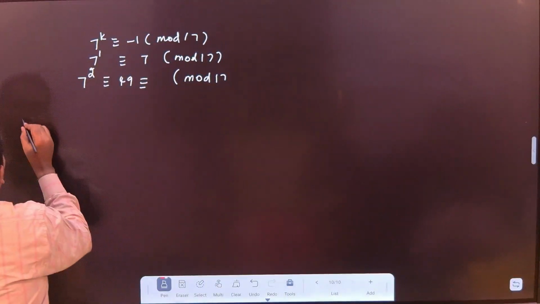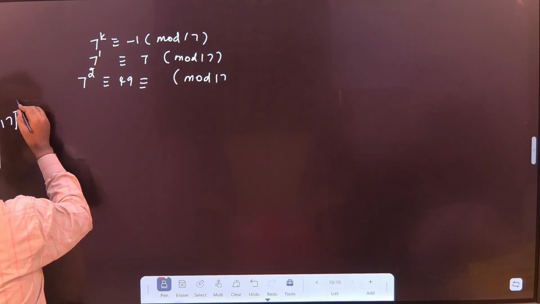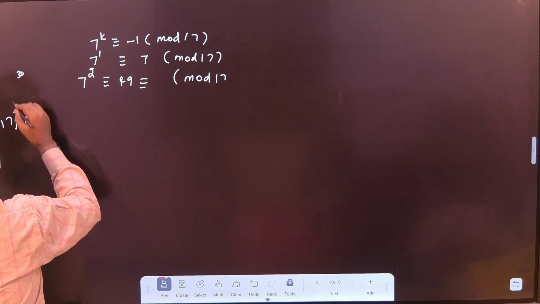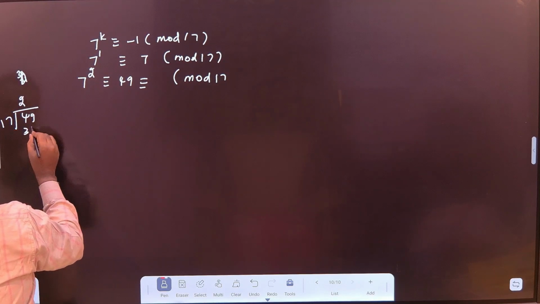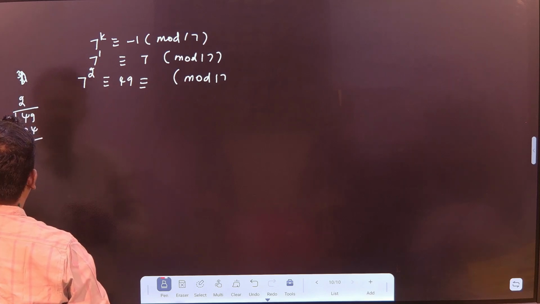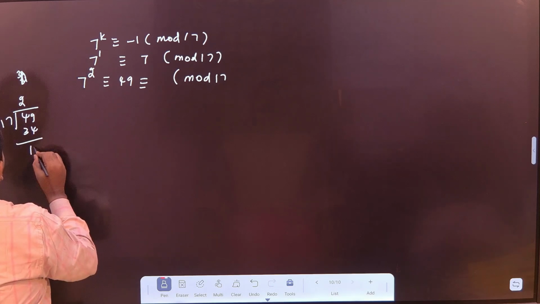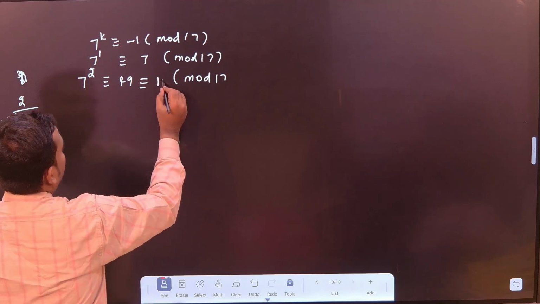When you divide 49 by 17, 2 times 17 is 34, so the remainder is 15, right? Check it once. 49, yes, 15 is your remainder.